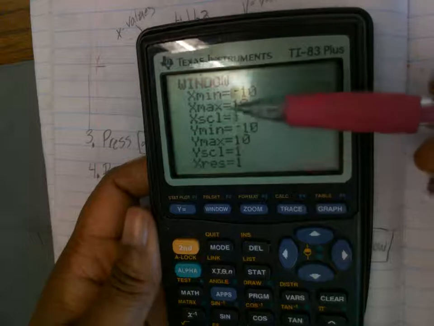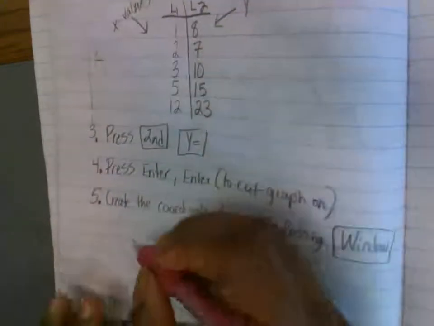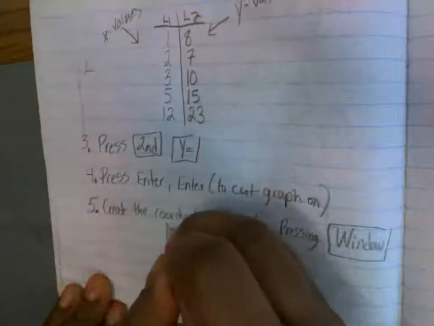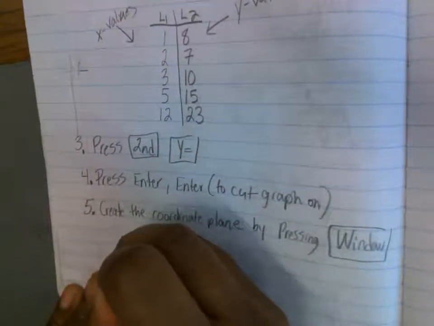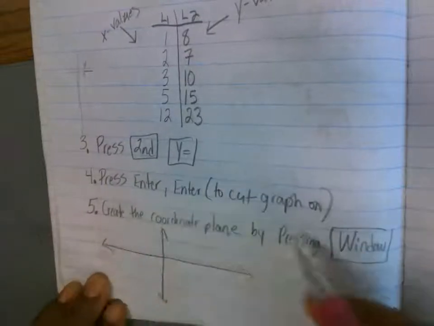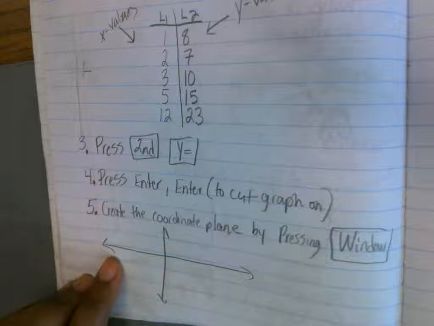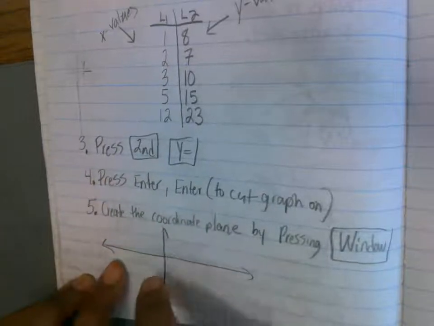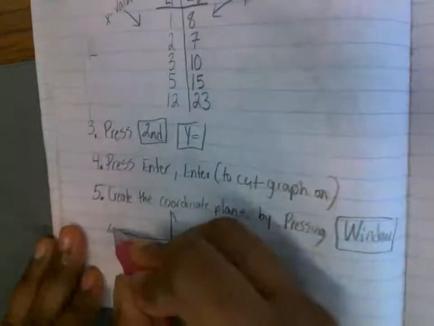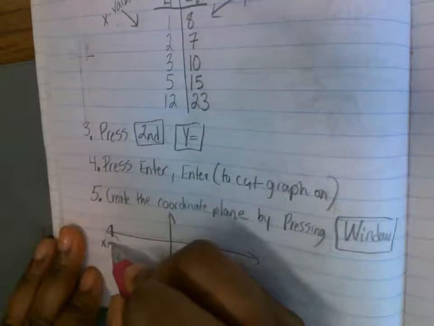Okay? All right, so let's go back up here and talk about these values. When you're creating a coordinate plane, remember you have your X axis, your horizontal number line, and you have your Y axis. Your X min value is going to be the smallest number on your X axis.